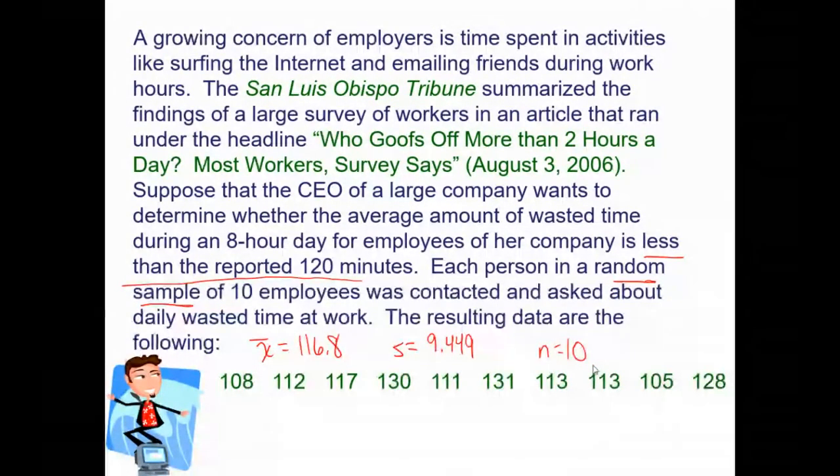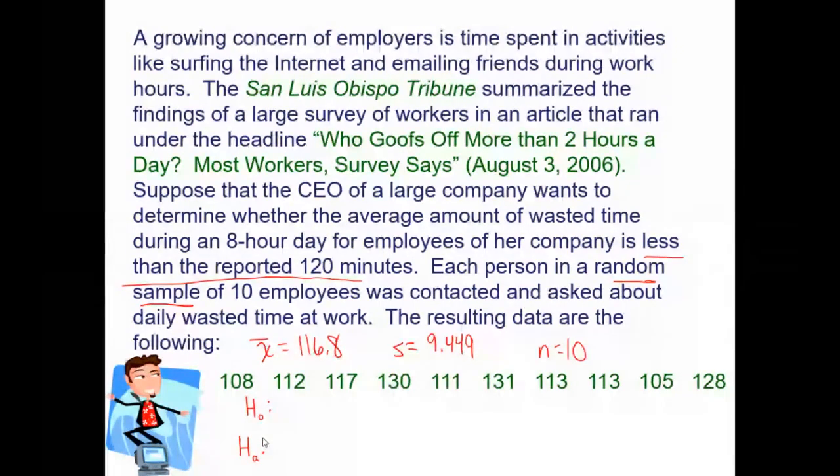Good. So let's make our null and alternative hypotheses. She wants to see if her employees are better than the report. So that means what she's wanting to see is if less than the 120 minutes are wasted.